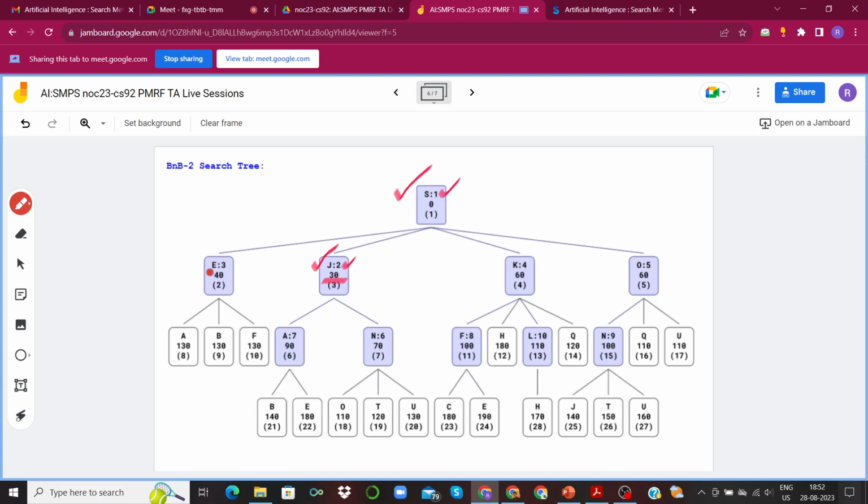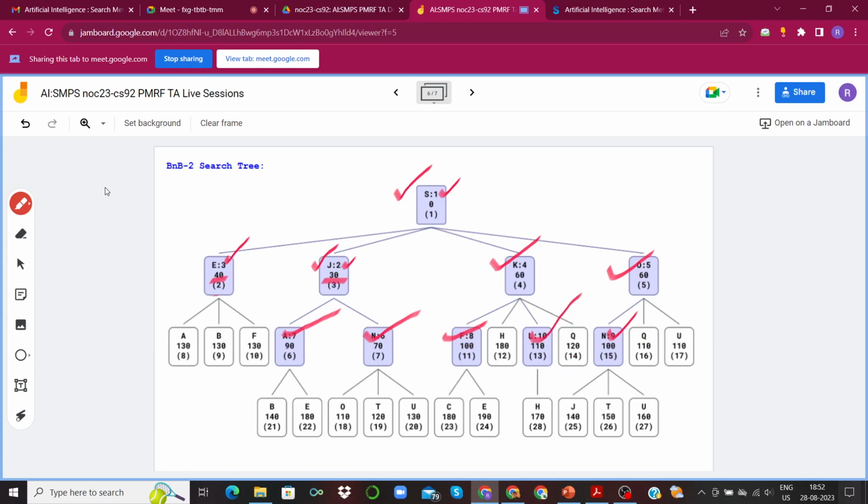So we go for E now with sequence 3 and cost 40, and then we write down the children of E, and you again notice that we don't have any S node over here, because cyclic refinements were not allowed. Similarly, after we have drawn the children of E, we will see that K is the best looking option, so we will explore K, then we will explore O, then N, A, F, and N and L.